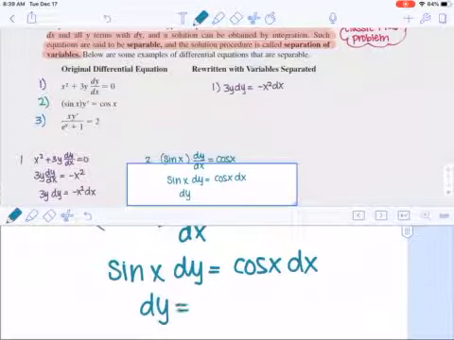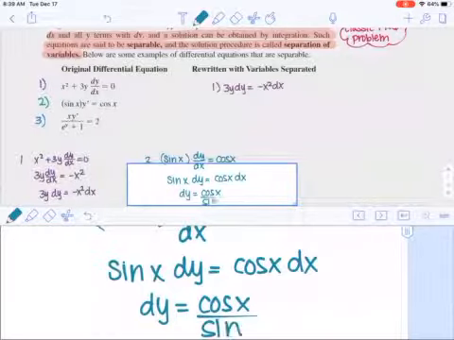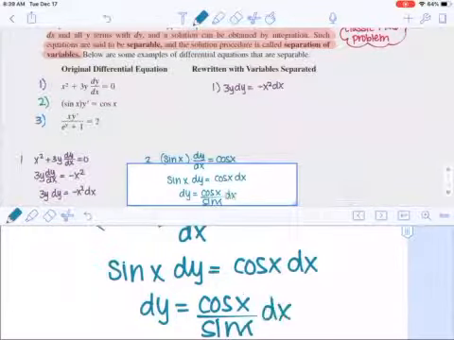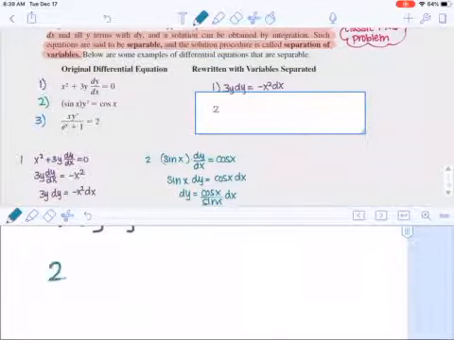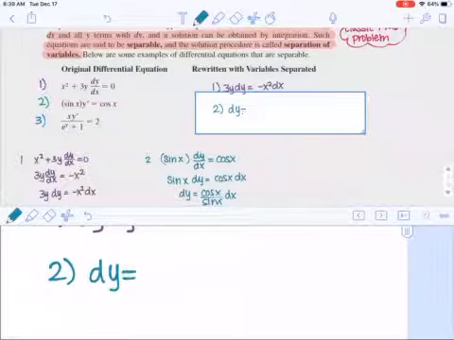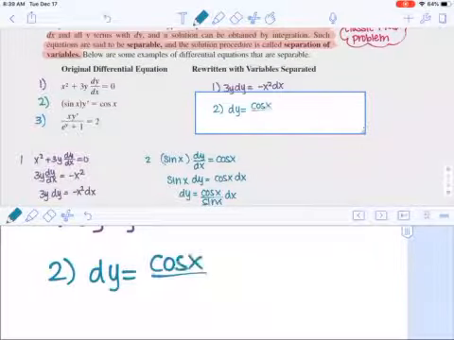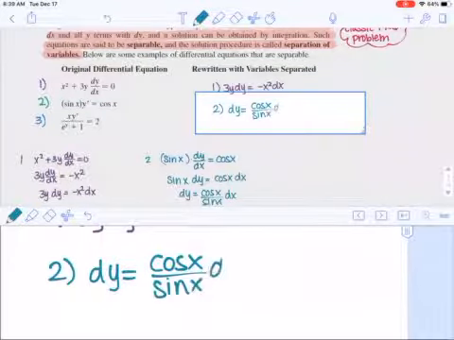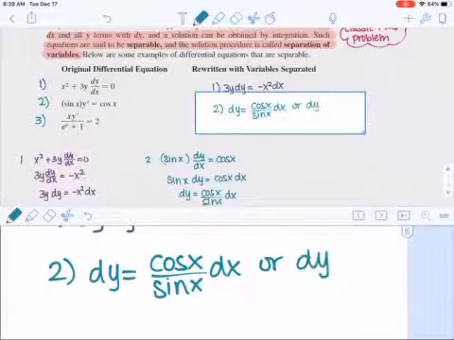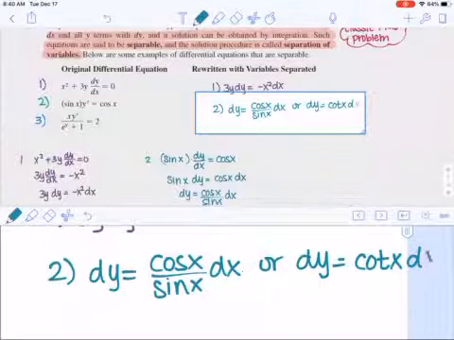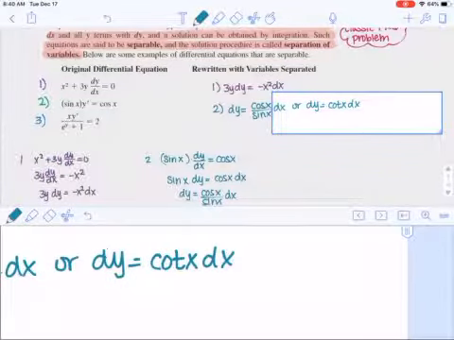So this would be dy equals cosine x divided by sine x dx. Okay, and so that would be the separated version. And again, all of the y stuff is on one side, all of the x stuff is on the other. One thing to quickly note, you certainly could write this, or if you wanted to, cosine x divided by sine x is cotangent x, and so you could also write that as well.